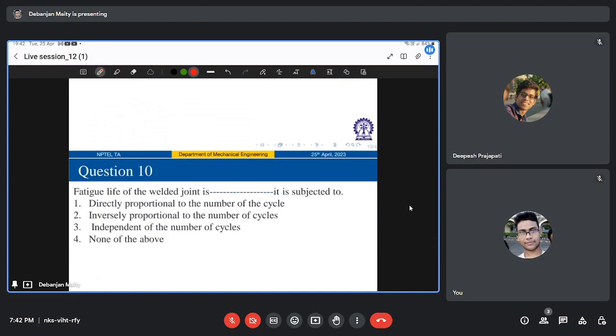And then in your final question, what will it be? Fatigue life of the welded joint is directly proportional to the number of cycles.